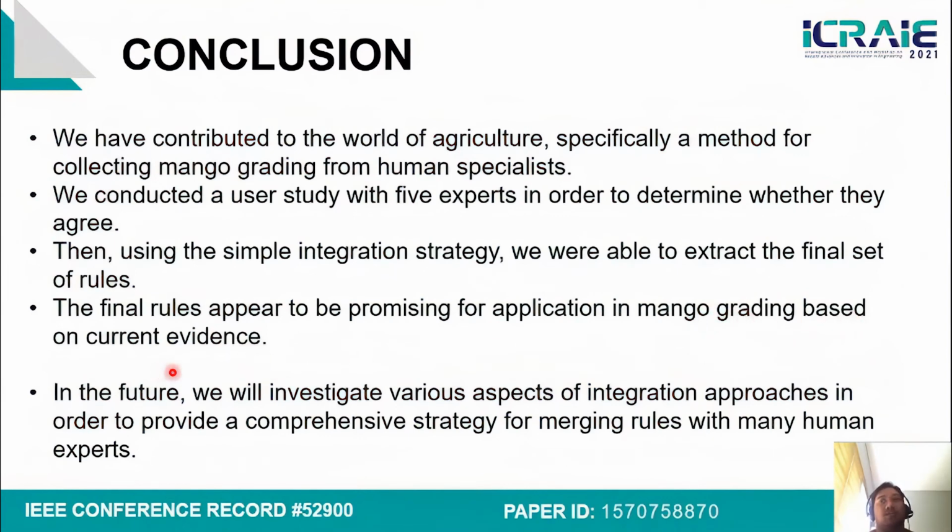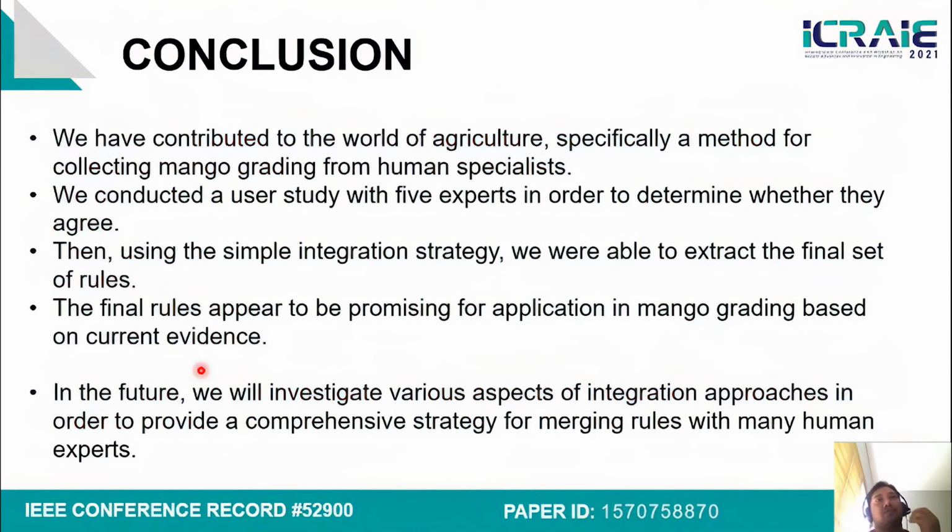However, obviously we just tested on 5 experts and using 11 mangoes. Therefore, in the future, we would like to investigate various aspects of the integration strategy in order to provide a comprehensive strategy for merging rules from many human experts, and also with a large number of mango samples.